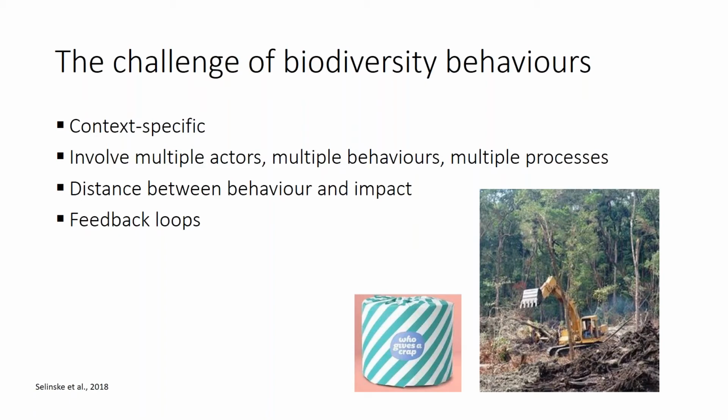For example, if I choose to buy recycled toilet paper, I don't get immediate feedback that my decision to purchase that product is going to prevent X number of trees from being felled in some far off place. So the distance between my behaviour and its impact is quite great, and that feedback loop is often lacking. That again makes it quite difficult to change these specific types of behaviours.